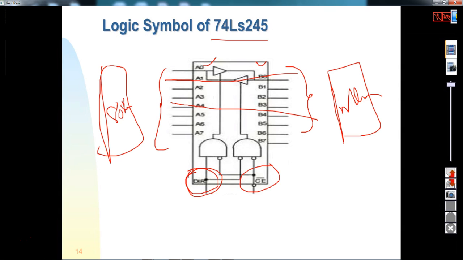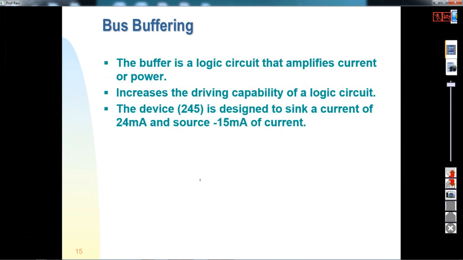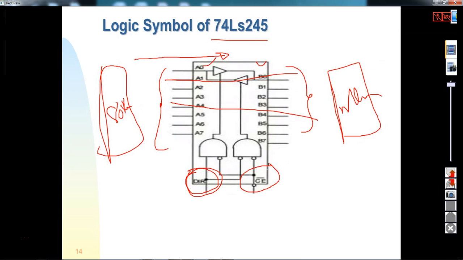The transfer from memory to processor or processor to memory is given by DIR. Another one is chip enable. So you need two signals of this 245 when it is connected between your processor and the memory.